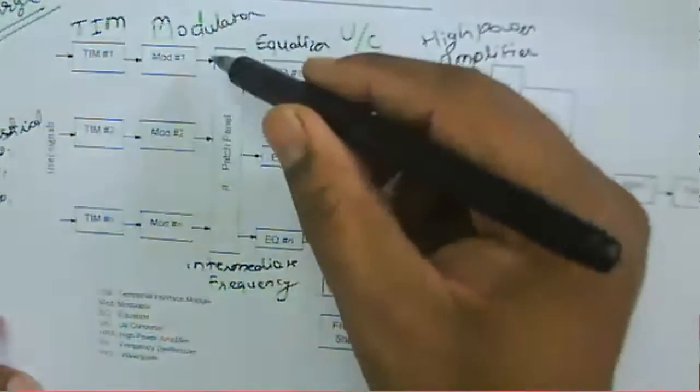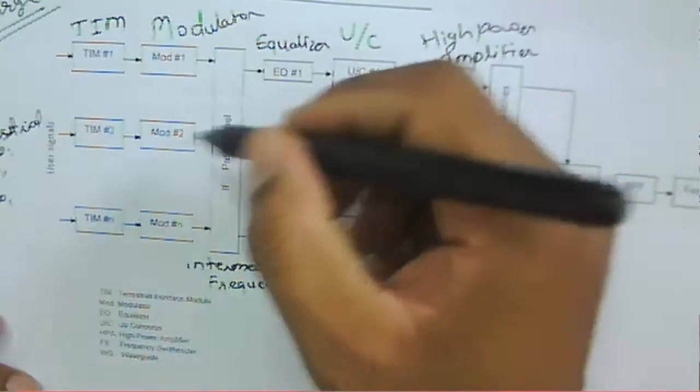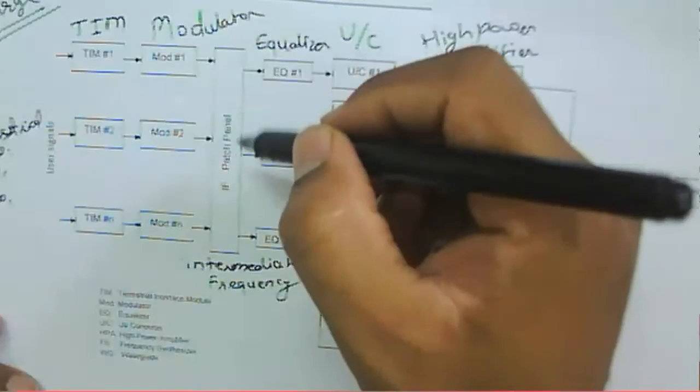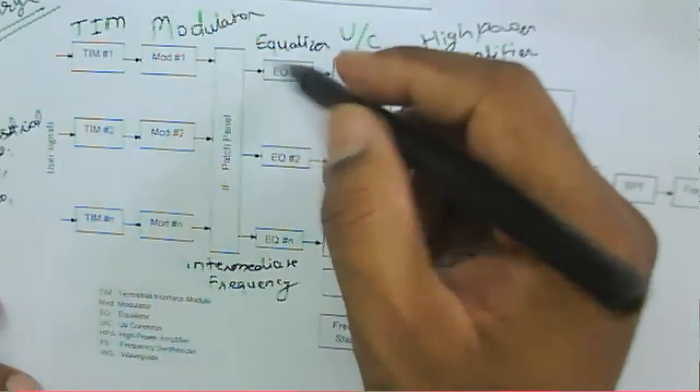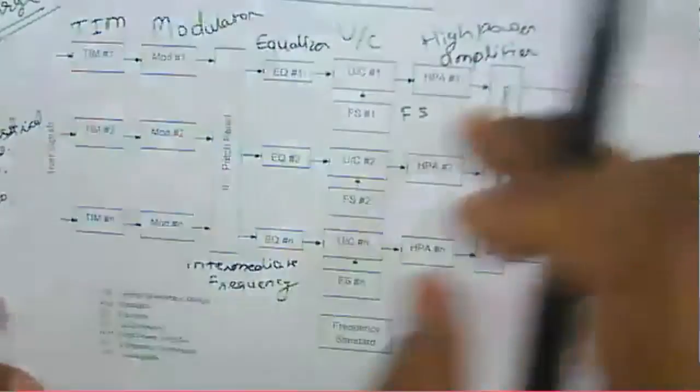Then whatever the various IFs generated, we can use specific filters, and that will be transmitted here.